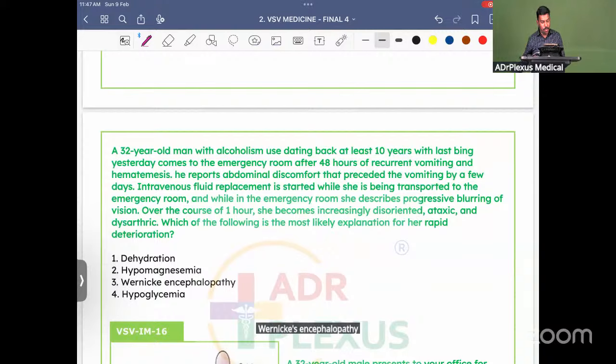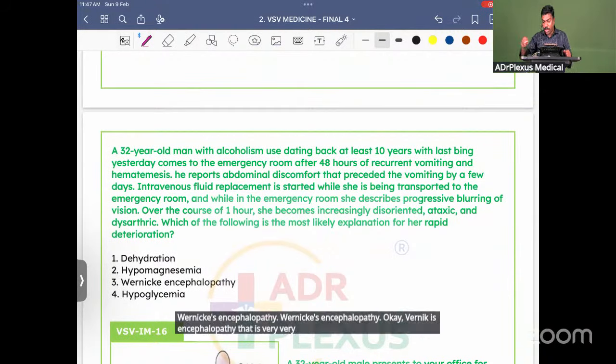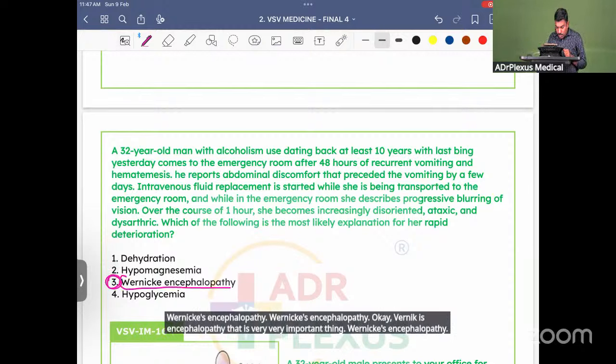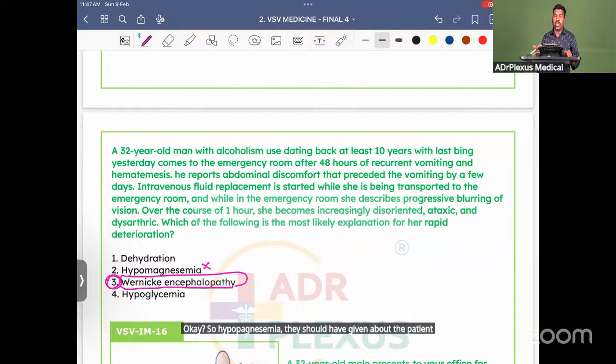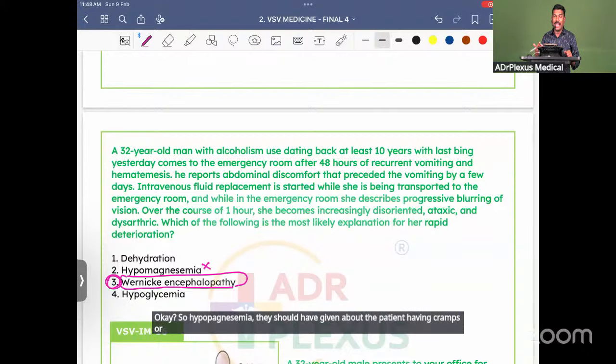That is a very, very important thing. Wernicke's encephalopathy.